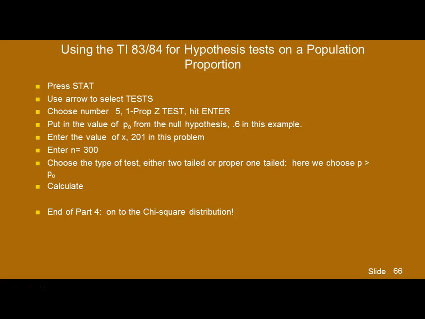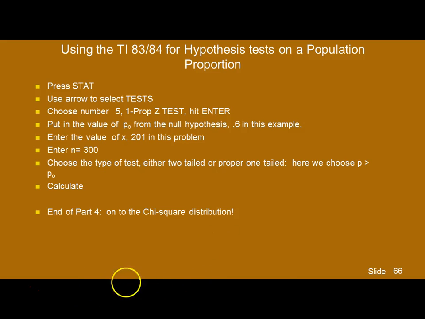The calculator prompts you for the value in the null hypothesis for p0, which in this case is 0.6. x was 201, n is 300, and choose the right-tailed test option, p greater than p0, and go down and click Calculate. The calculator will give you the calculated z-value, 2.47 again, and the p-value of 0.006. Again, there may be some slight differences if you go out more than 2 decimals, but that's only due to rounding.